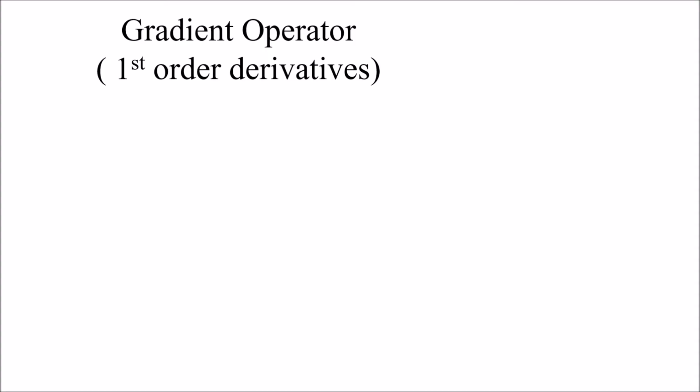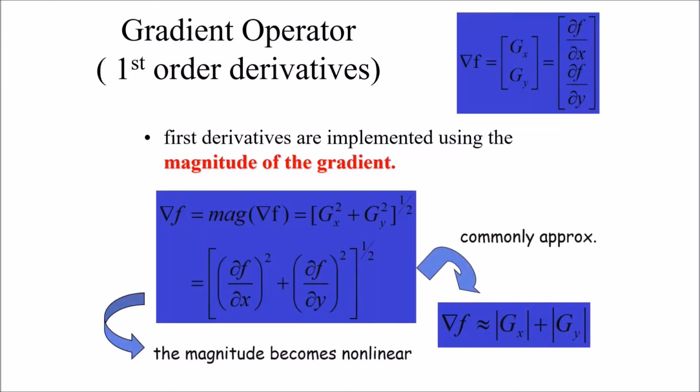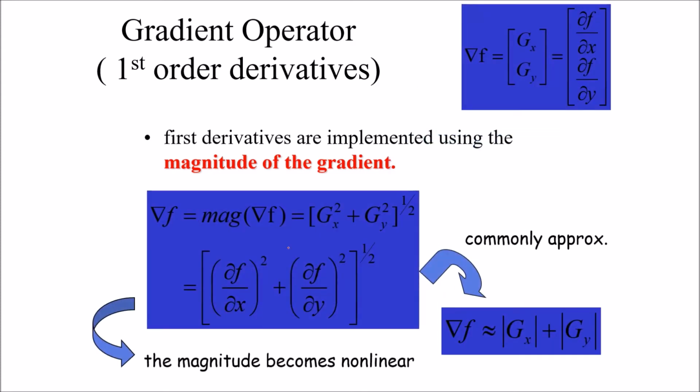We will learn about the gradient operator, which is based on the first derivative, and then the second derivative, and how it can be implemented in order to determine edges. Basically, the first derivative is implemented using the magnitude of the gradient. First you calculate the x property of the gradient.